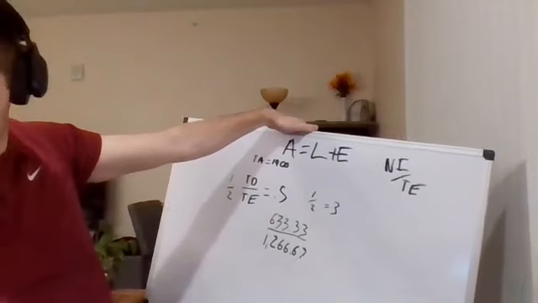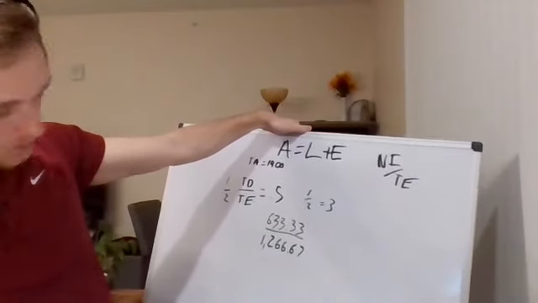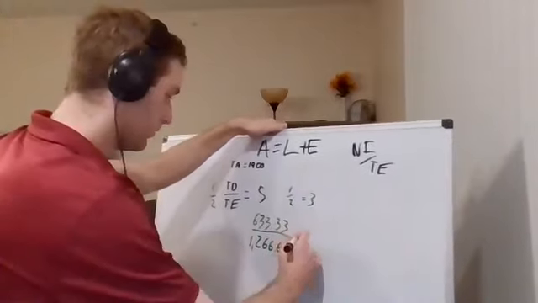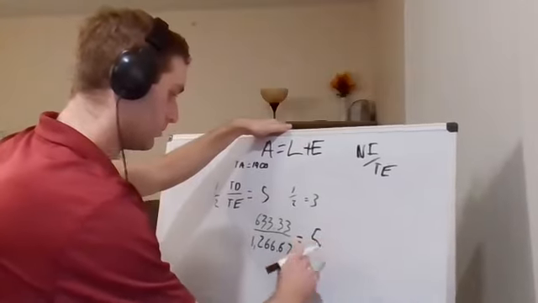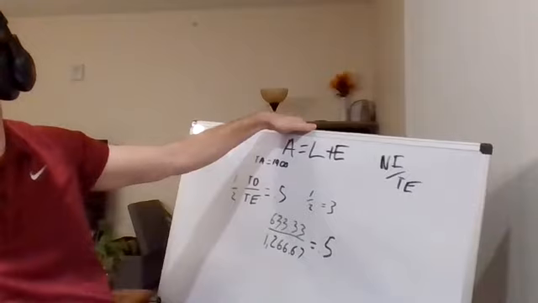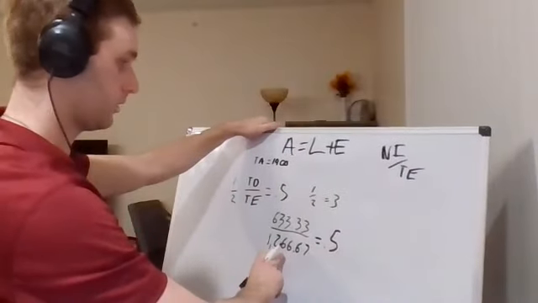When we do that, 633.33 divided by 1,266.67 equals 0.5, right? Then I know net income. This is my total equity, right?